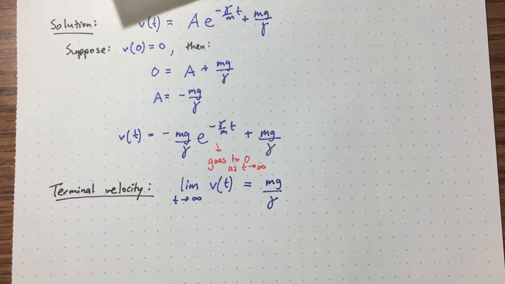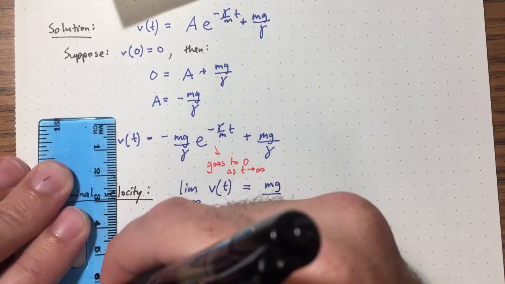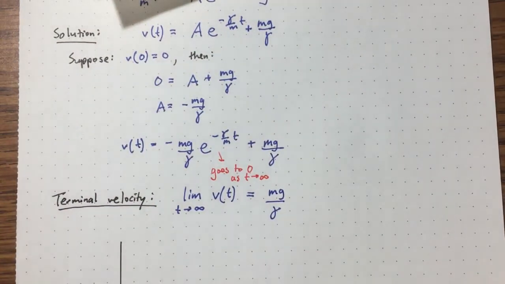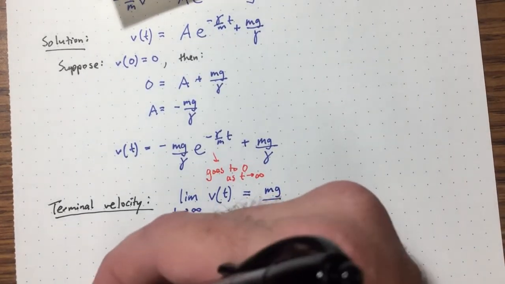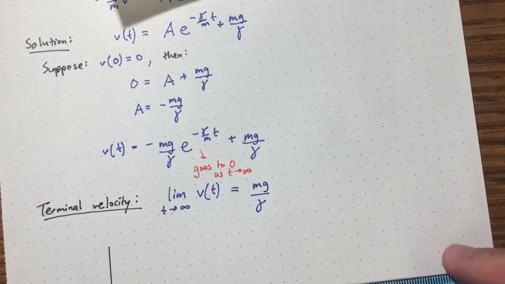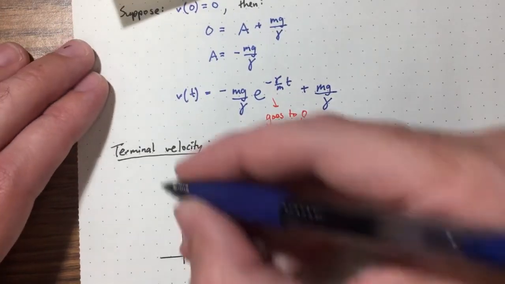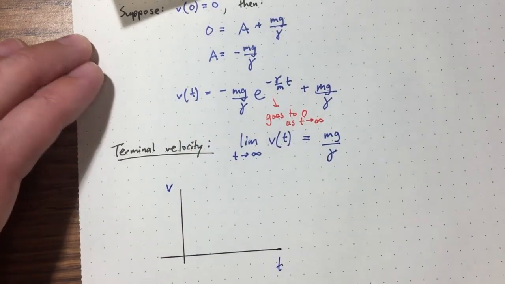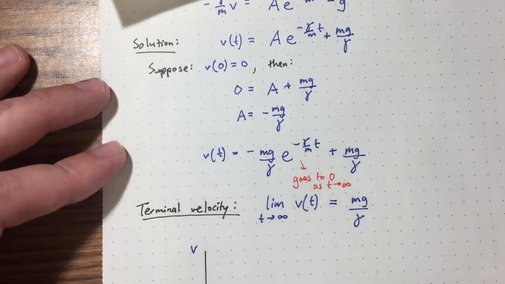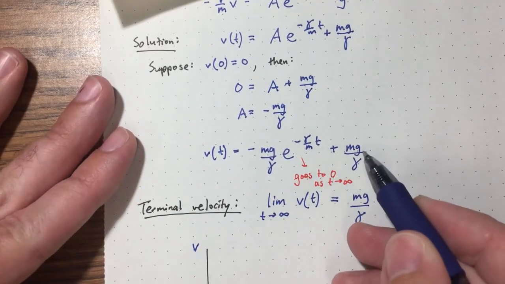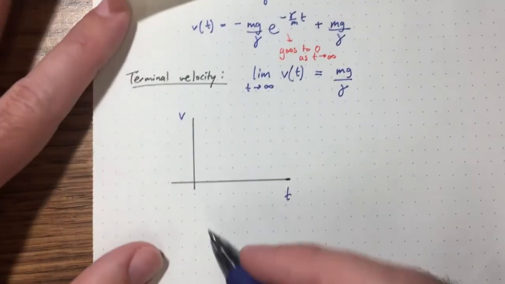So what's going on here? Let's just sketch a graph. This is time and this is velocity. So what does this function look like if we graph it? We have an exponential decay, but then we're making it negative, so that flips it. It's going to start negative and increase, but then we're adding mg over gamma to it.